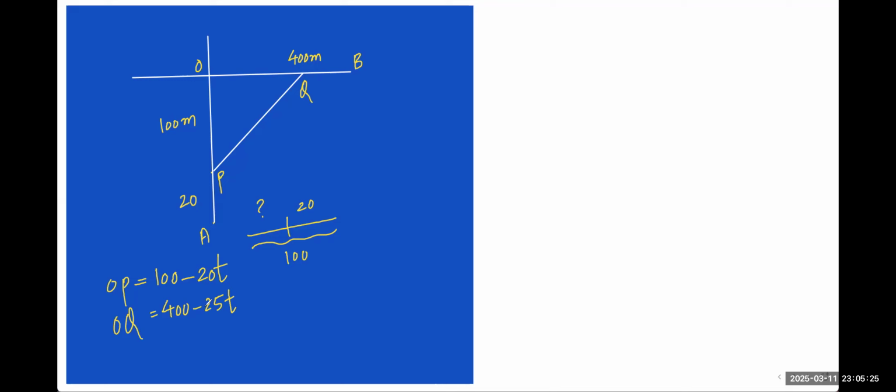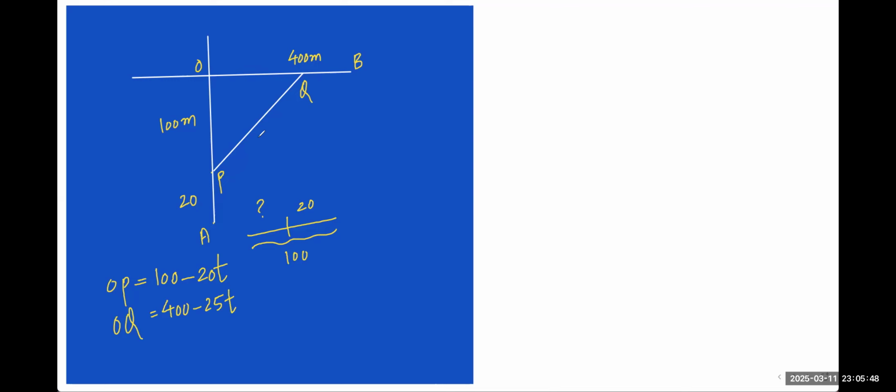Then the second bit: the distance between the car and the train at time t is x meters. Now it is asking to simplify this. Let us assume that this distance is x.